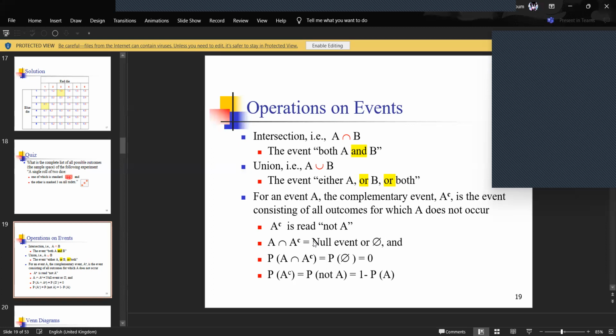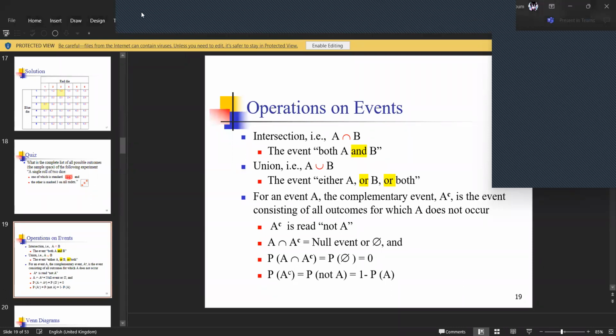So if we have an event that doesn't have any simple events inside it, we call that the null event. Okay, and so the probability of A and also not A is 0, right?